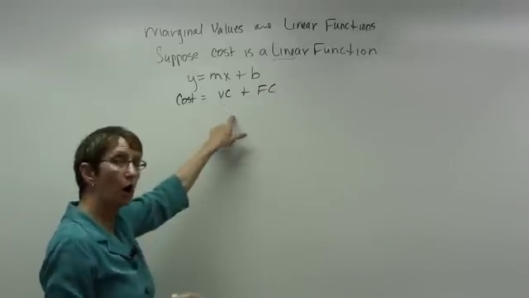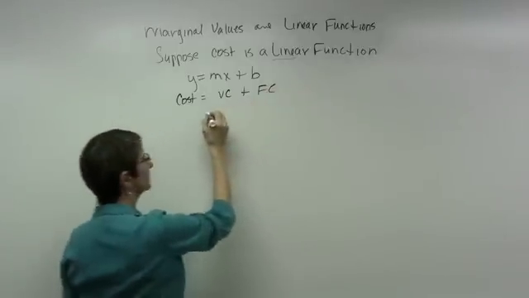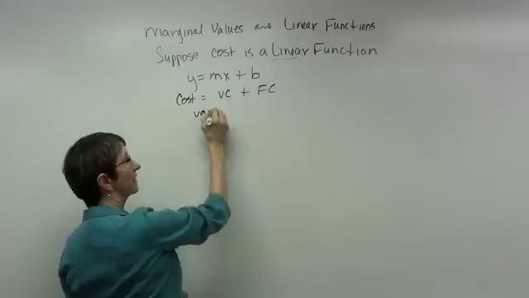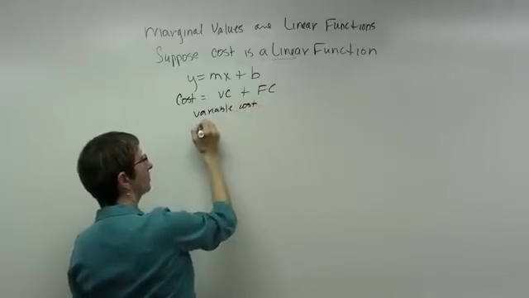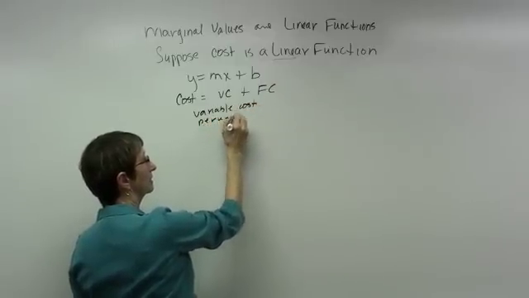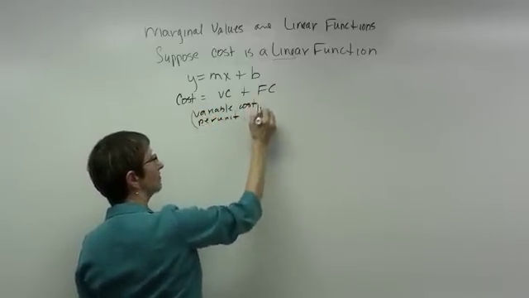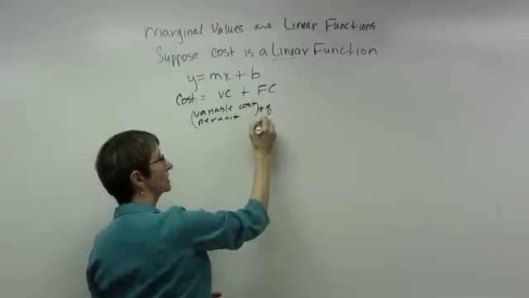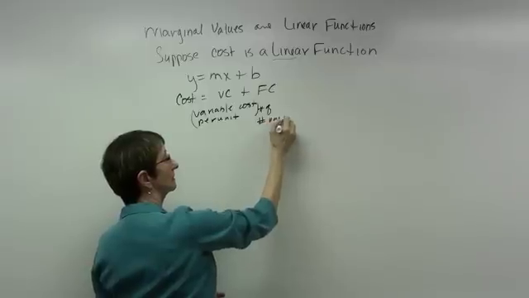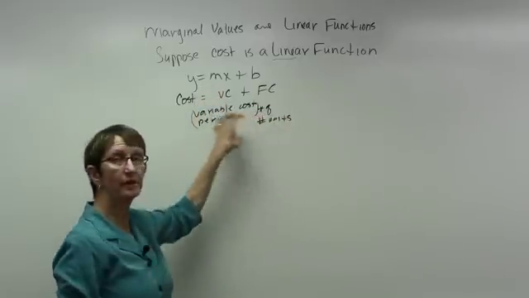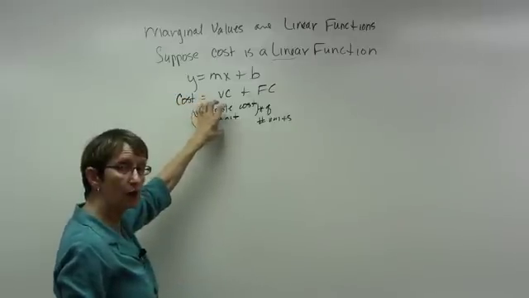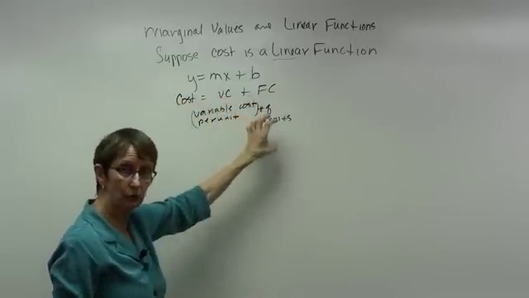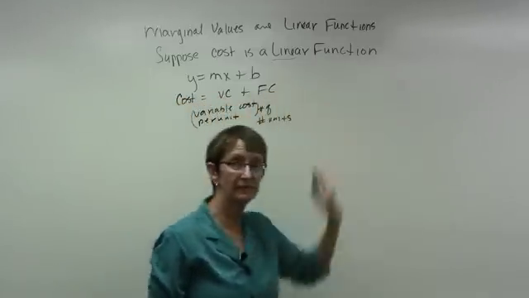Our variable cost is actually variable cost per unit multiplied by Q, which is the number of units. So all of that is what variable cost is. So cost is actually variable cost per unit times Q, number of units, plus fixed cost.